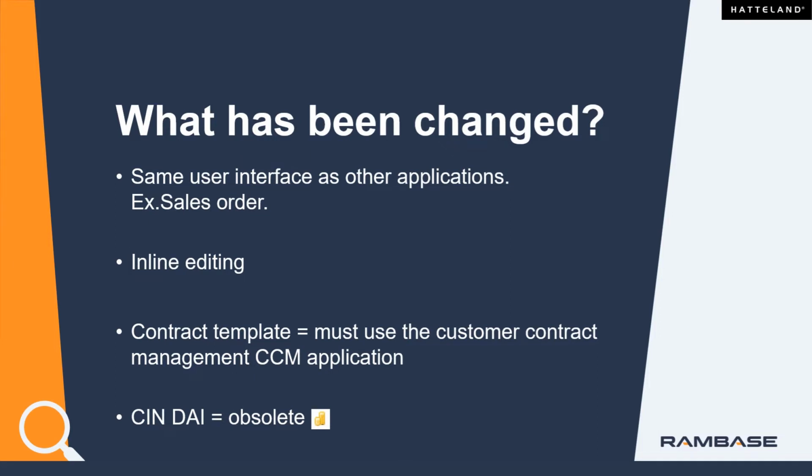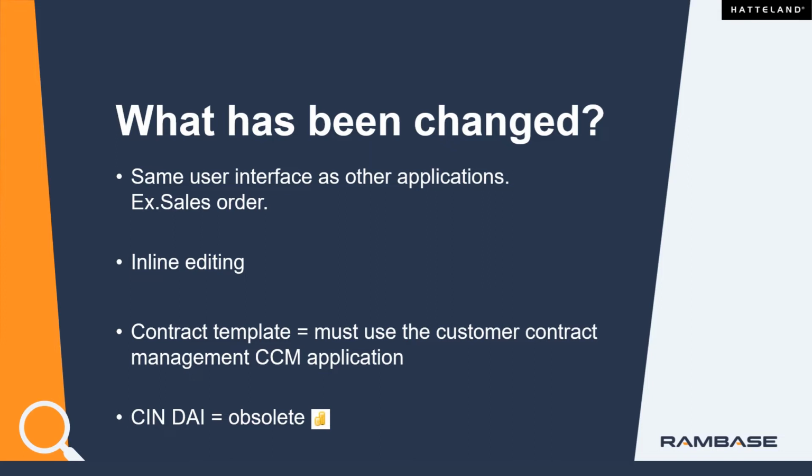So, what has been changed is that the sales invoice application has been renewed and now has the same user interface as the other applications, such as sales order and shipping advice. Also, the sales invoice has the possibility for inline editing, which was introduced in the supplier invoice application.